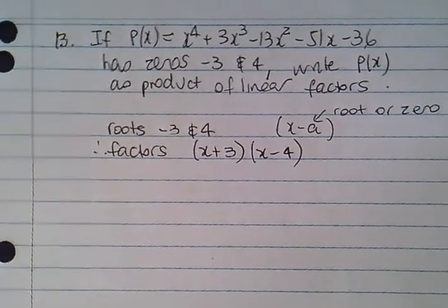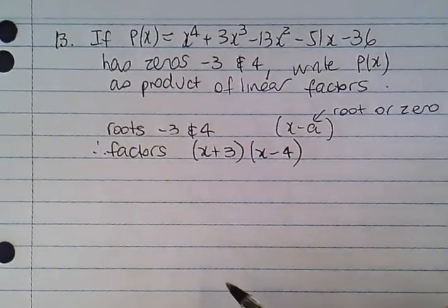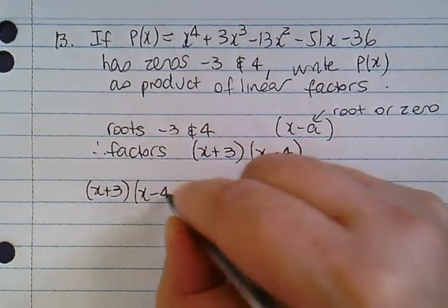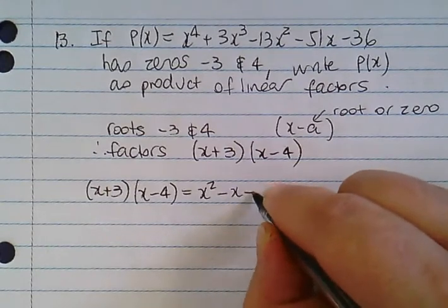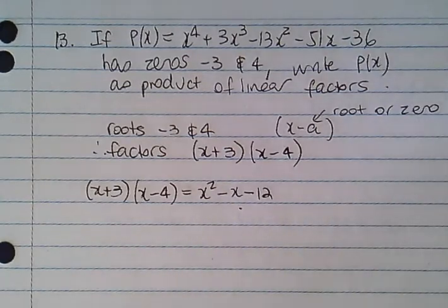If you have to do the division, we're going to have to expand this to what we did before. So x plus 3, x minus 4: you're going to do it by inspection. Minus 4x plus 3x is minus x, minus 12. You're going to divide x squared minus x minus 12 into the original polynomial, either using long division or by inspection.